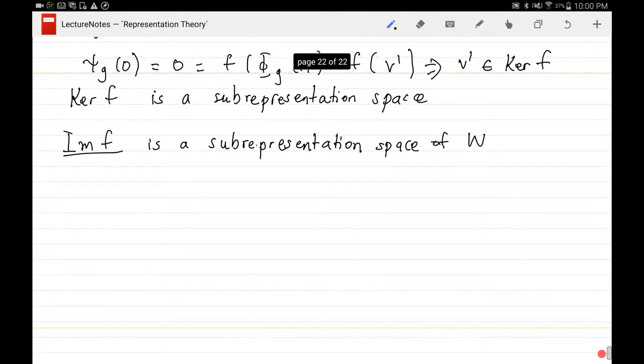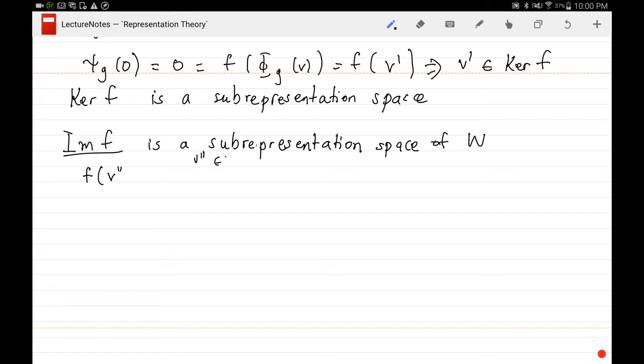This is again a straightforward application of definitions. So we know that here now V is not in the kernel, it's just some vector in the vector space V. So let me call that V double prime.